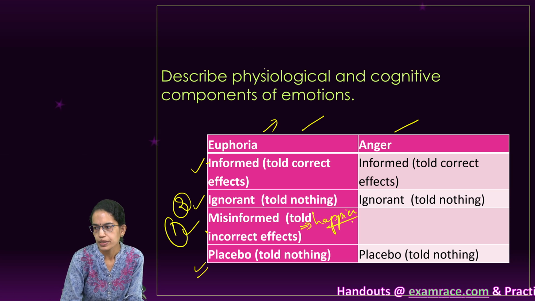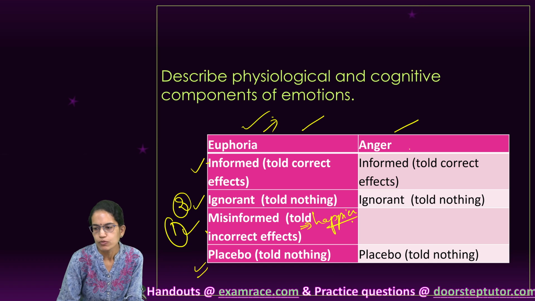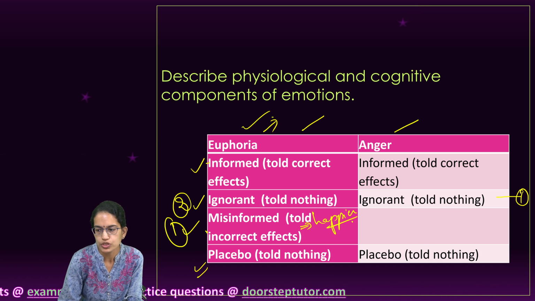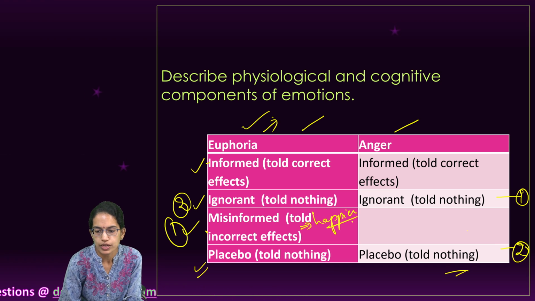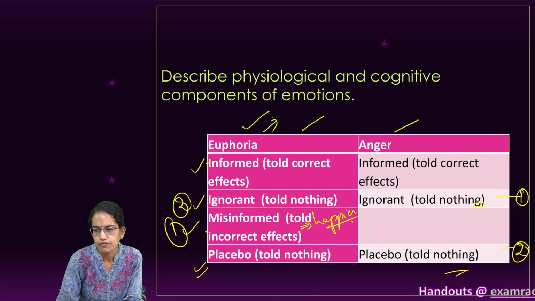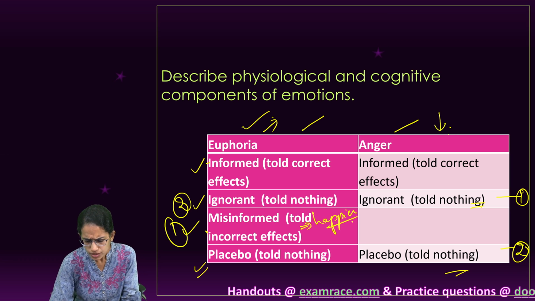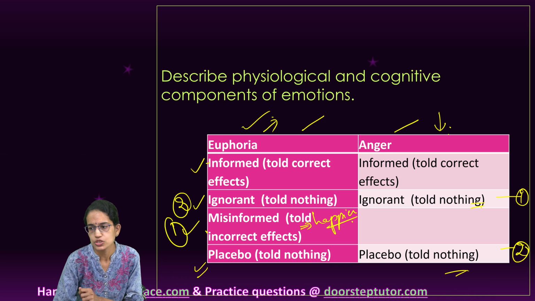The stooge basically encouraged participants to join in for euphoria. Then there was anger. The ignorant group was the most angry, and the second angriest was the placebo group, who were told nothing. In this condition the stooge acted angry because the question paper was ripped off, or some variations were given.